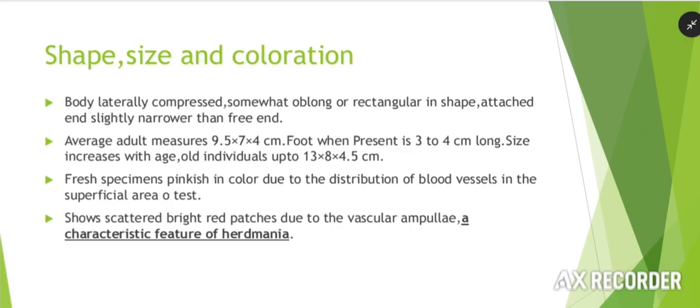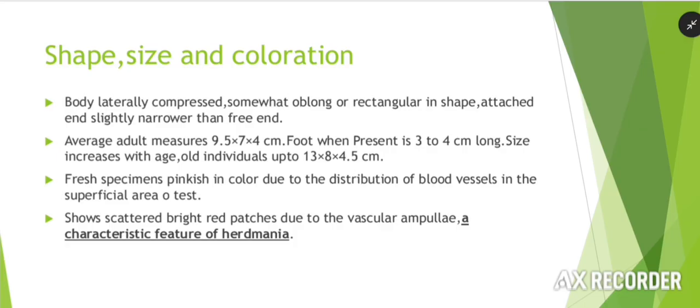Now fresh specimens are pinkish in color due to the distribution of blood vessels in the superficial area of test. Okay, so the fresh specimens, which are collected from water bodies, are pinkish in color due to the distribution of blood vessels in the superficial area of test.